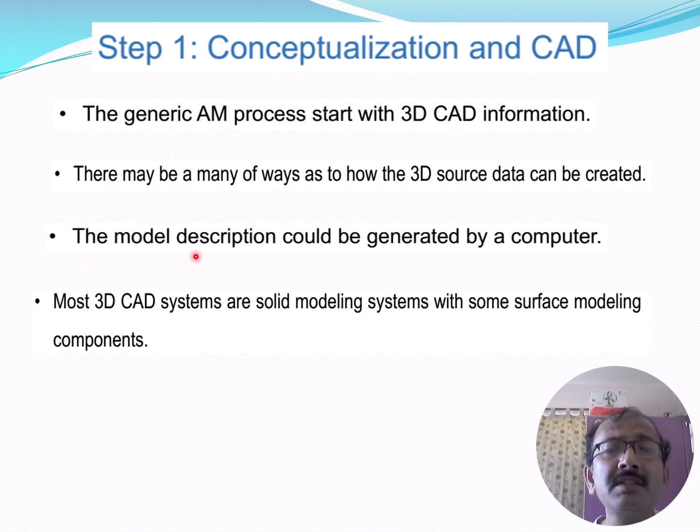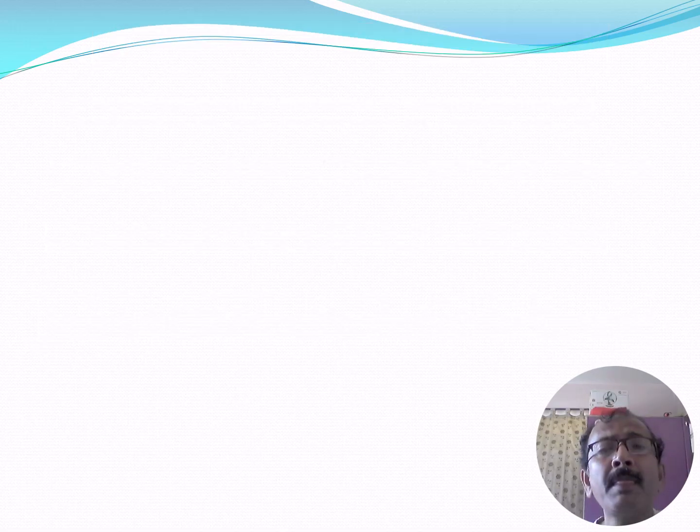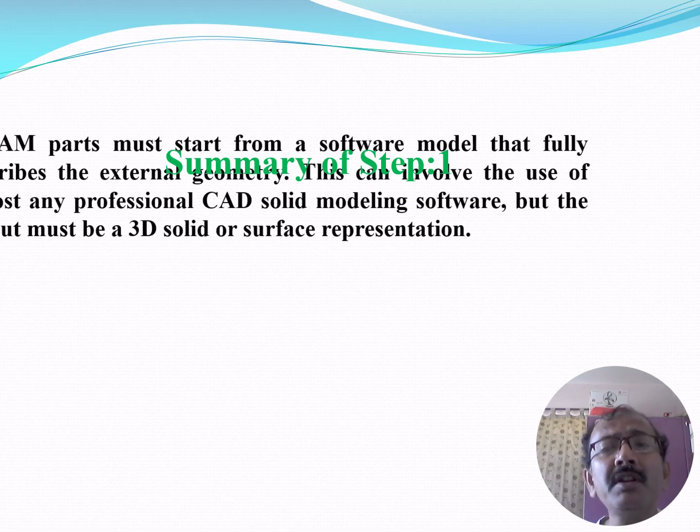The model description could be generated by a computer, and most 3D systems are solid modeling systems with some surface modeling components. So this is step 1. First, we have to develop a CAD model. This is the summary of that.